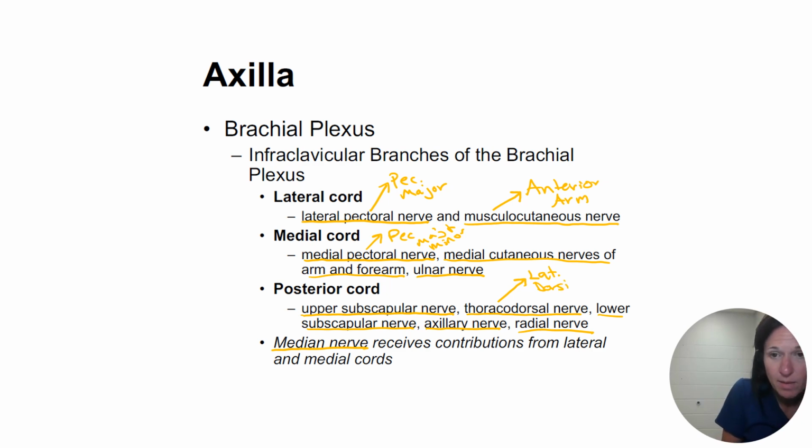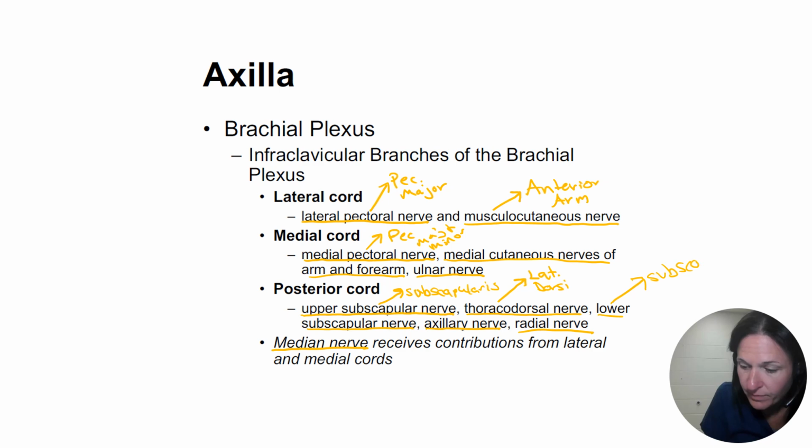Now upper subscapular is going to do subscapularis, and lower subscapular will also do subscapularis, but it will innervate an additional muscle as well. So subscapularis as well as teres major.